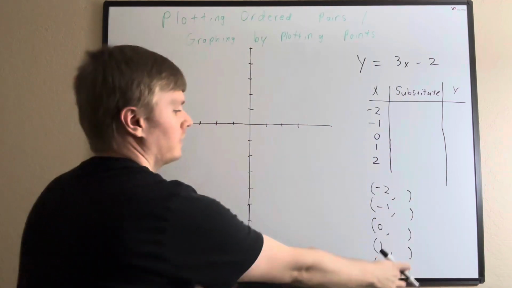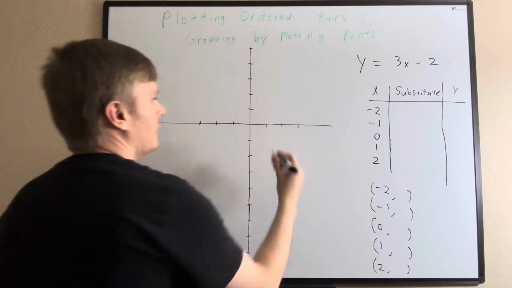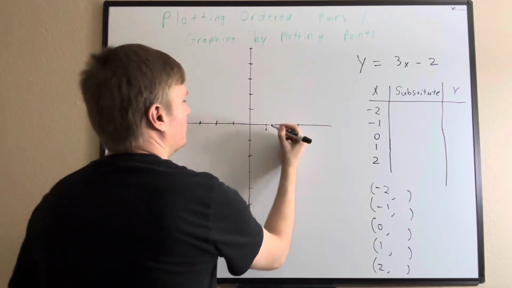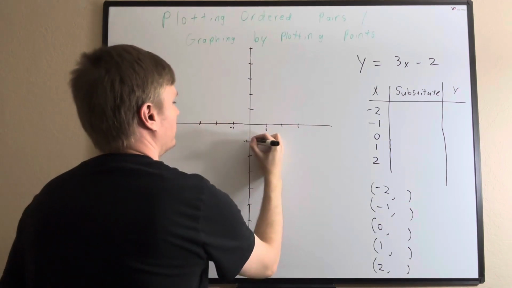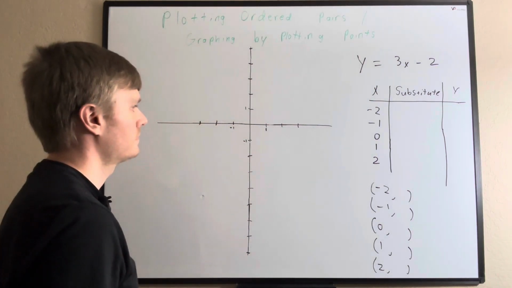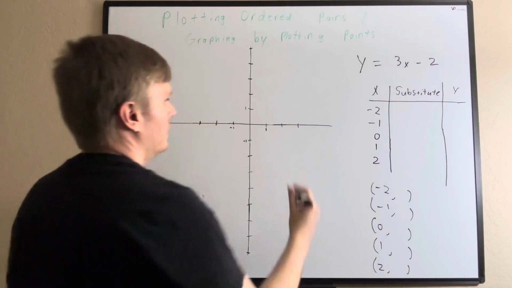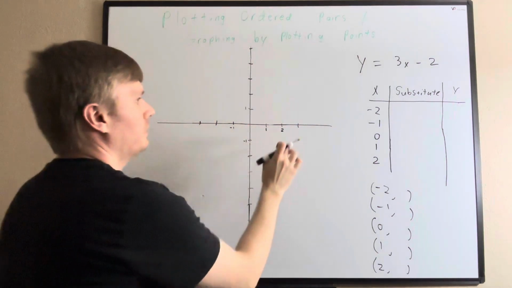We don't know what the other thing is because we haven't figured it out yet. By the way, just label this 1, this -1, -1, 1. And maybe label this 2, just so you know the intervals that we're going here.